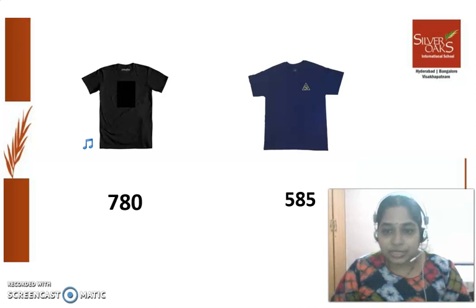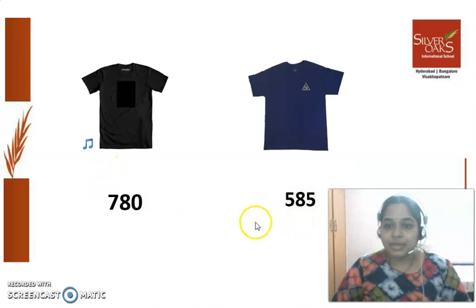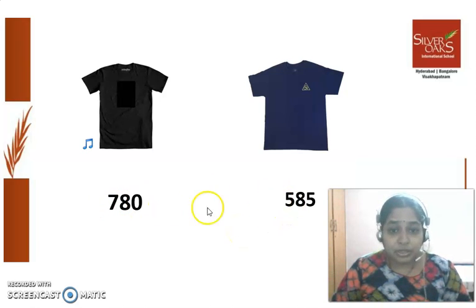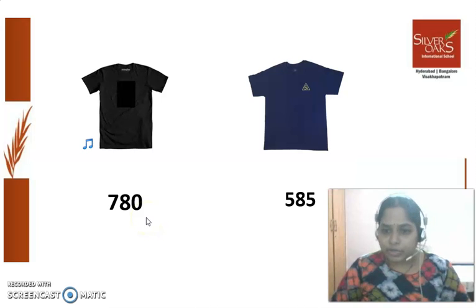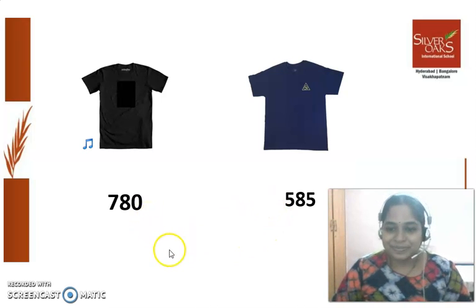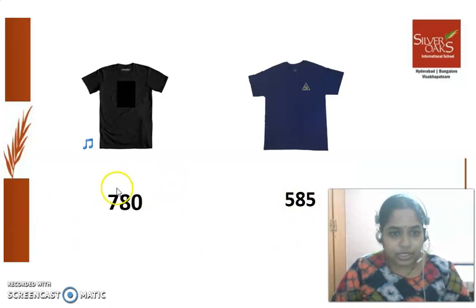There are two shirts which you wanted to buy. One is 780 rupees and other one is 585 rupees. Now you may compare the cost of the shirts. Now tell me which one is greater and which one is lesser. Is this number greater or is this number greater?